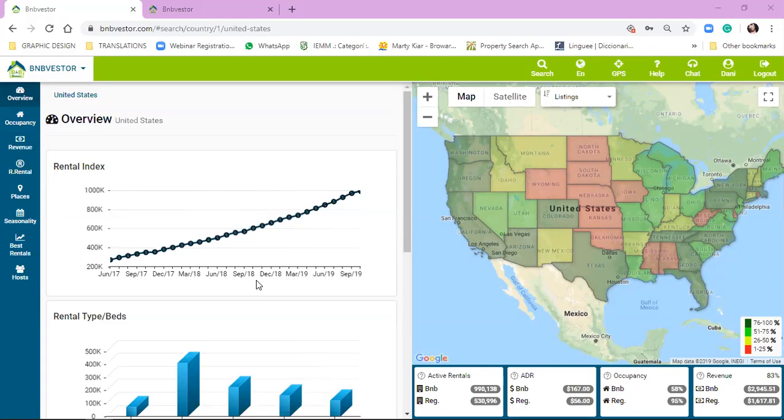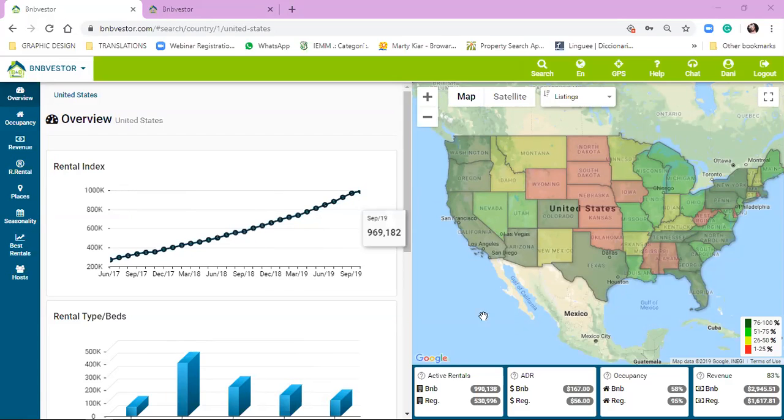And then, of course, it gives you the comparison throughout the United States with regular rentals. Why is this important? Because it will tell you what's best, if it's best to rent in B&B or to rent the actual property, okay?